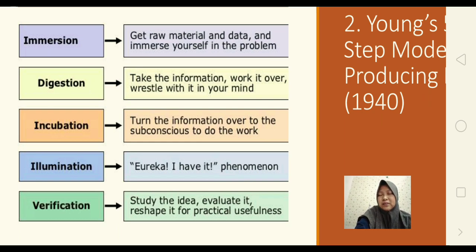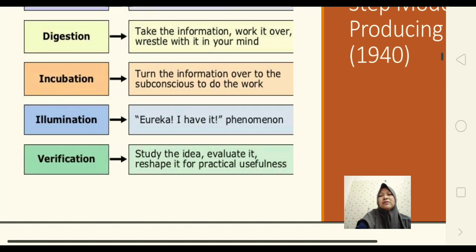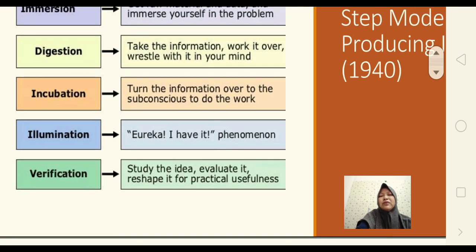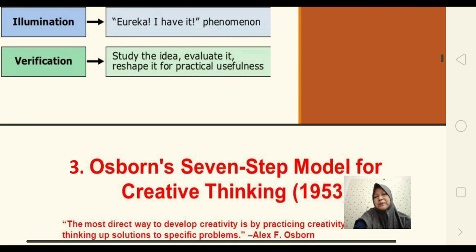Then you digest the problems, put them in your mind, and incubate, you try to understand it thoroughly, and then you identify your ideas. You illuminate. After you identify your ideas, then you have to implement the idea. After you develop it, you have to verify whether the idea is practical and useful for the customer or not, right?